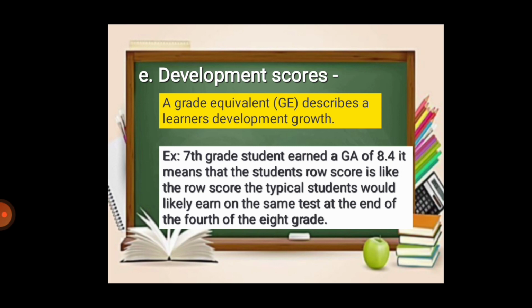The GE is expressed as a decimal number like 4.8. Example, if a 7th grade student earned a GE of 8.4, it means that the student's raw score is like the raw score the typical student would likely earn on the same test at the fourth month of the 8th grade. And that's all.